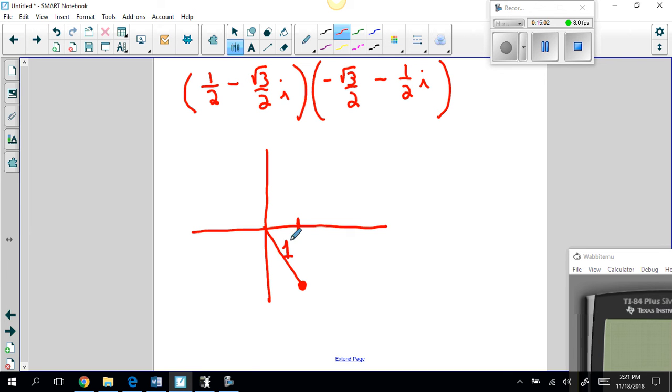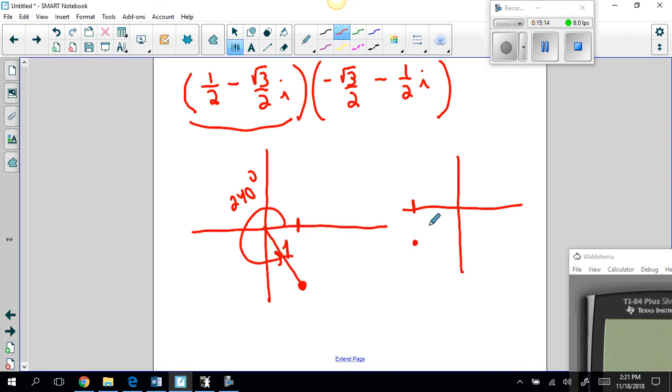So we know the radius is 1, and we know this guy here, the angle is 240 degrees. Whew! This guy is over here and down here 1/2. So this is 210 degrees. Since it's a unit circle number, we know the radius is 1.